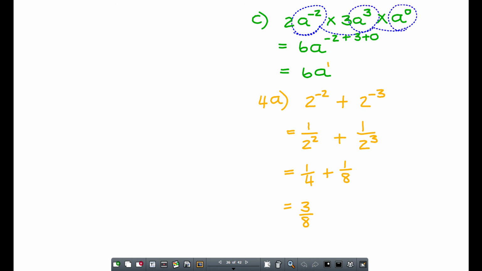Now, because they all have the same base and we are multiplying, I'm going to add those exponents. So the base stays a and here you can see that I'm adding them all. Now, if I add it up, that's going to give me 1. But again, you'll see I wrote that in yellow. So you could have just said 6a. You don't have to say 6a to the power 1.